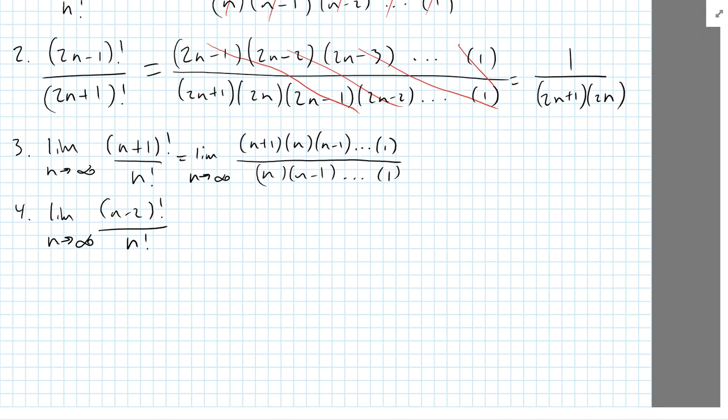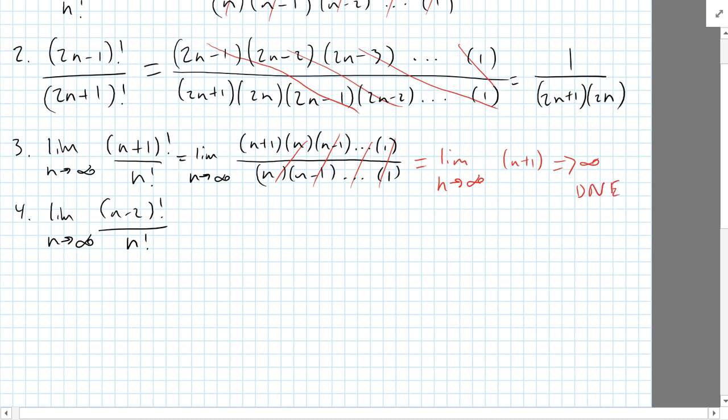And the n minus 1 all the way down is going to cancel out, and I'm going to end up with the limit as n goes to infinity of n plus 1, which is infinity plus 1, which means it goes to infinity, which means it doesn't exist, so it doesn't converge.